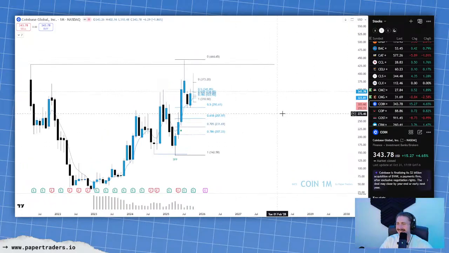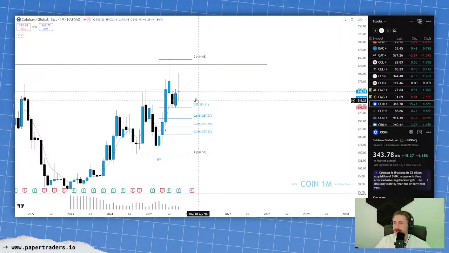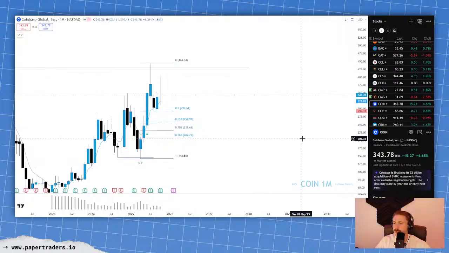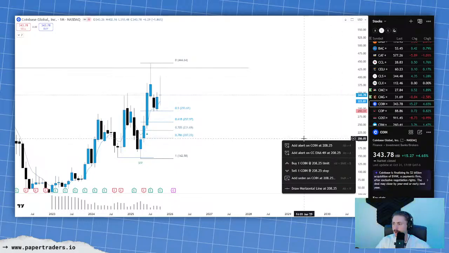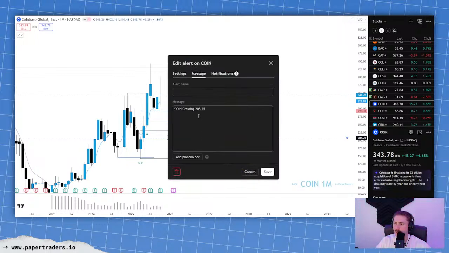Coin, this monthly is whack. I would not mind seeing the OTE in this range. On the monthly, the 786 would be a blessing down here with that volume imbalance. That would be solid for longs on coin around this 208 area.